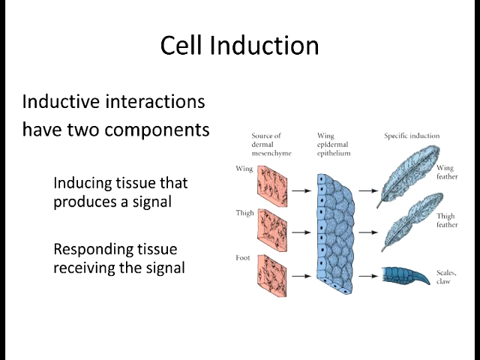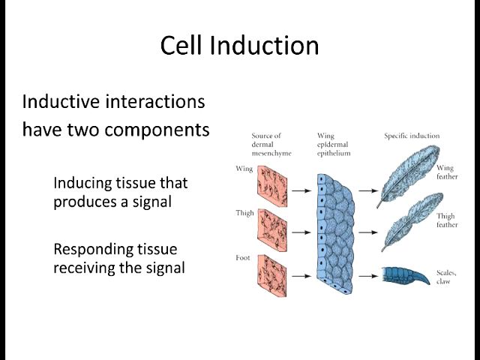This tissue comes from the mesoderm where the leg forms, and this tissue comes from the mesoderm where the foot forms. So this is the same tissue that is receiving the signal, but each one of these mesoderms is expressing a different morphogen gradient. So due to the fact that each gradient is different, maybe a different protein, the same tissue will respond differently based upon what the inducing tissue is giving.